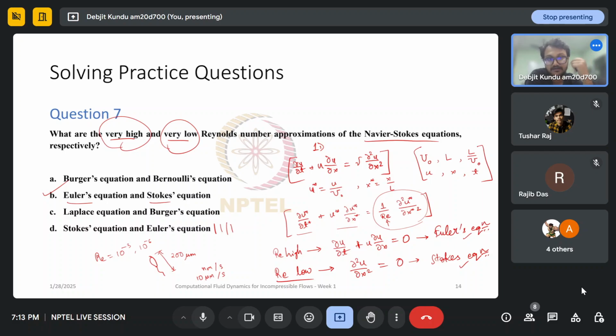Bernoulli's equation is a good approximation to start with. We can, of course, always go back and refine and write more sophisticated equations and solve them. But Bernoulli's equation always gives you a good start, a good approximation. And that is one use case of Euler's equation.